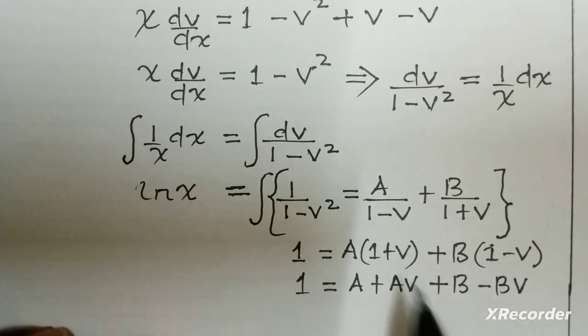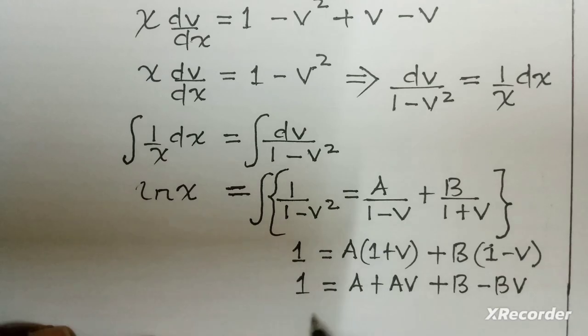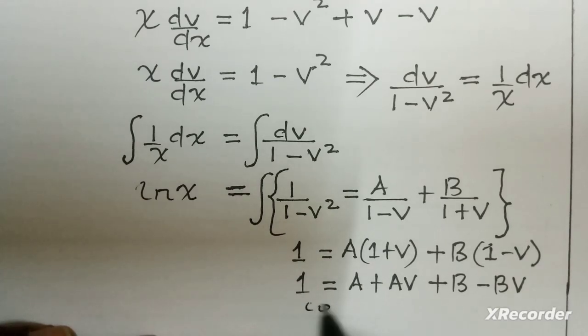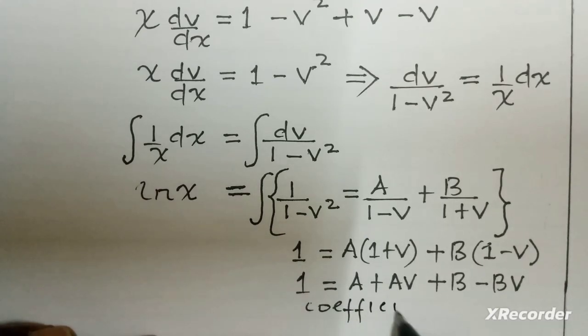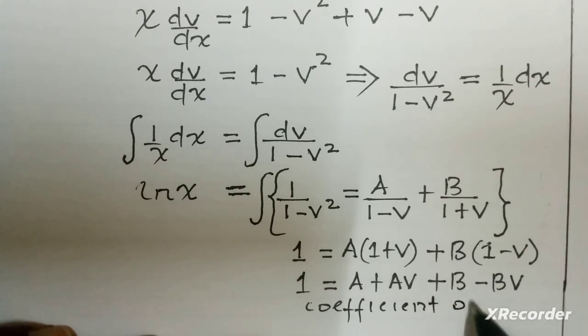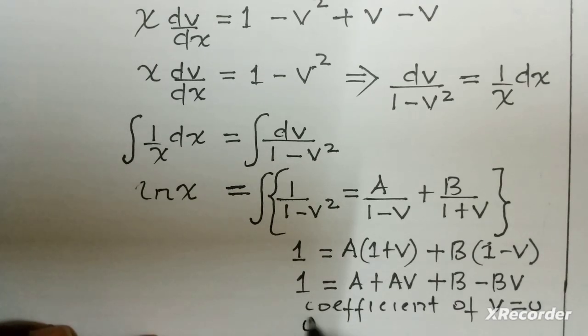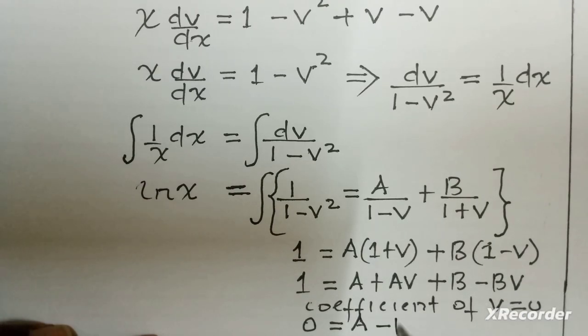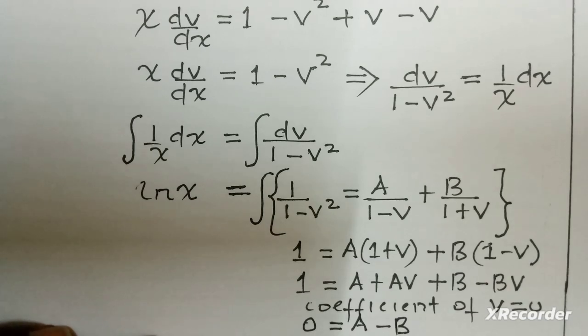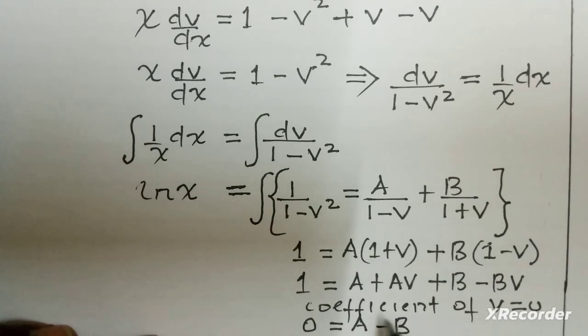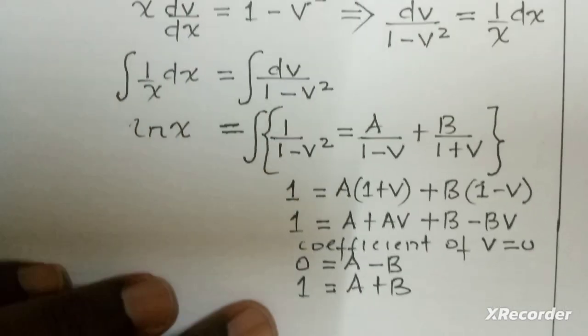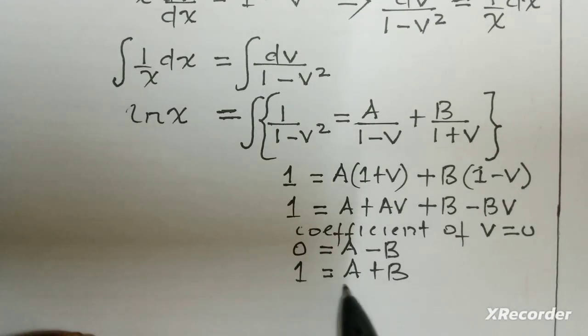Now the coefficient of v this side is supposed to be equal to 0. So 0 is equal to a minus b, and the constant we have 1 is equal to a plus b, like that guys. So we can actually do the simultaneous equations for that.